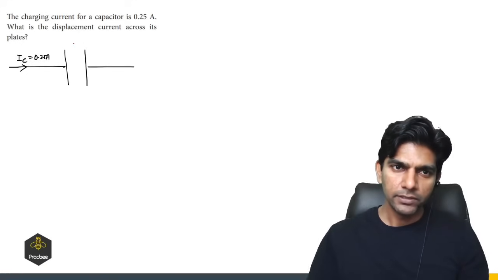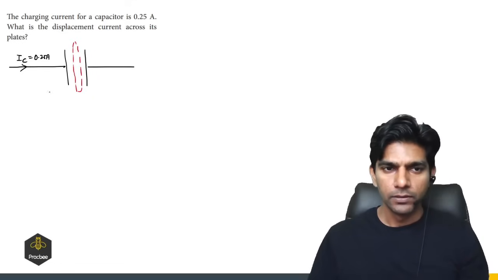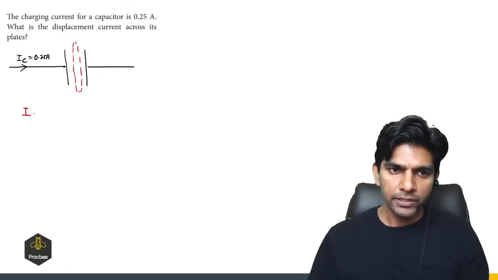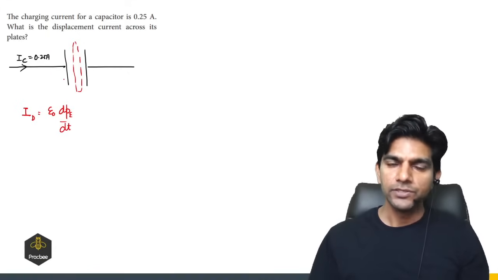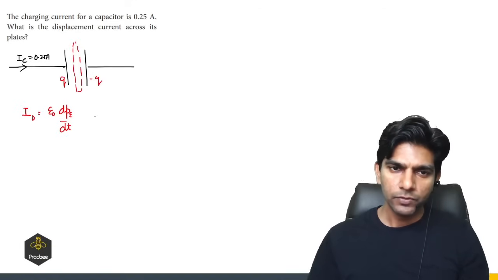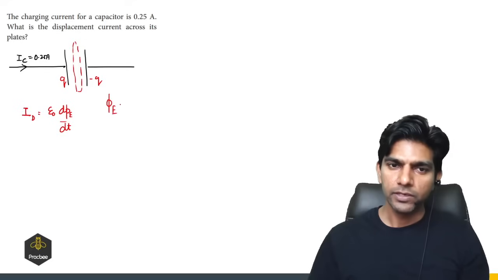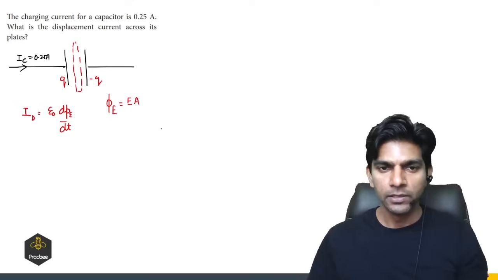If I consider an Amperian loop here, so the displacement current will be given as epsilon naught d phi E by dt. And let us say the charge on the capacitor is Q. So we can say the electric flux will be electric field times the area of cross section, right? Area of the plates.